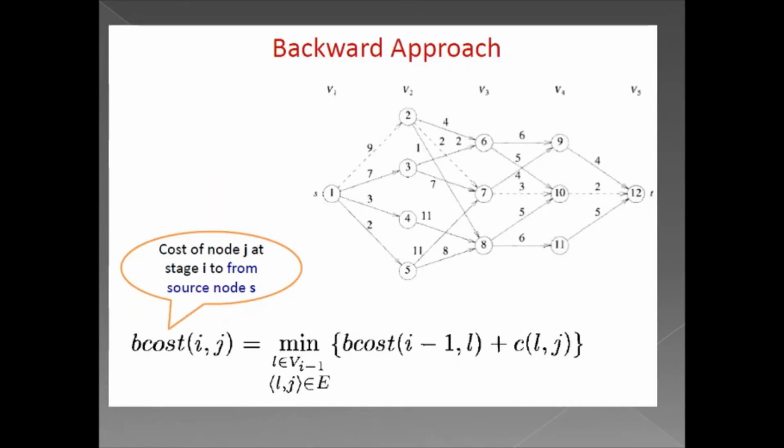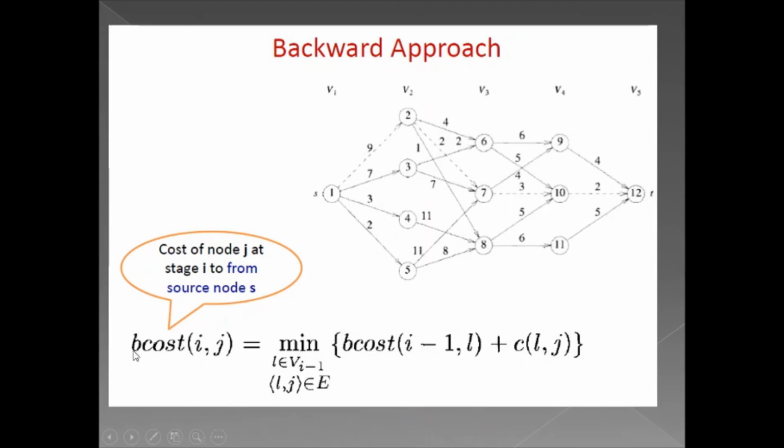Next, the backward approach, similar to the forward approach, but here we are going to consider the source node, and we are going to find the cost of all other nodes by proceeding to the next nodes up to the last node.